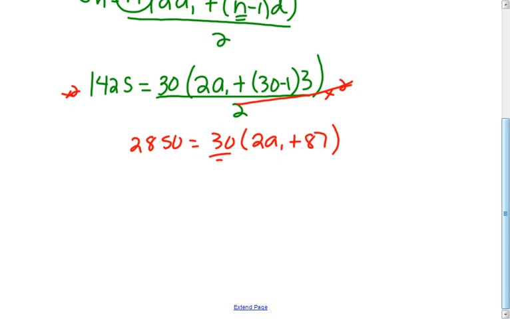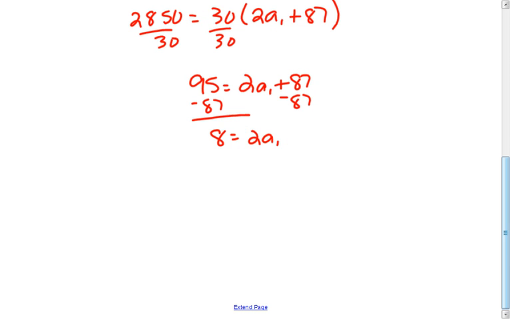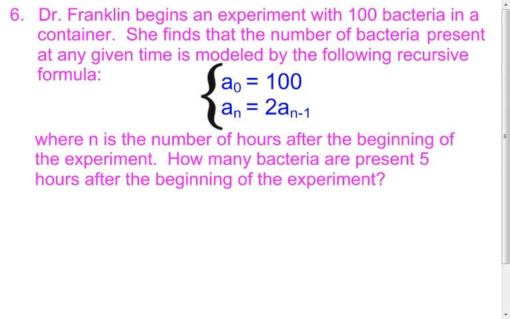I will divide by 30. 95 equals 2 times a1 plus 87. Subtract 87. And 8 equals 2 times a1. Divide by 2. And a1 equals 4. So there should be 4 tickets given away on the first day so that I can increase my number of tickets by 3 each day and give a total of 1,425 Twins tickets away.